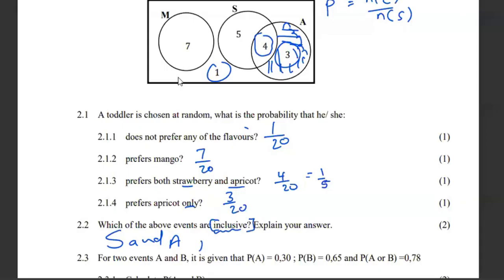Explain your answer: we can say that S and A is not 0.